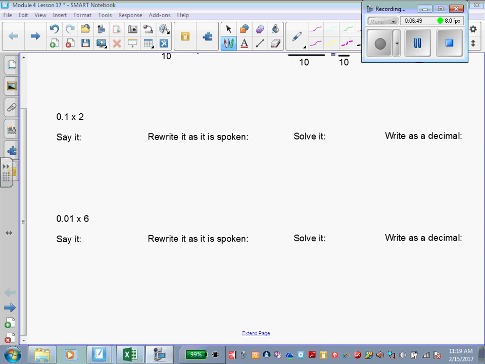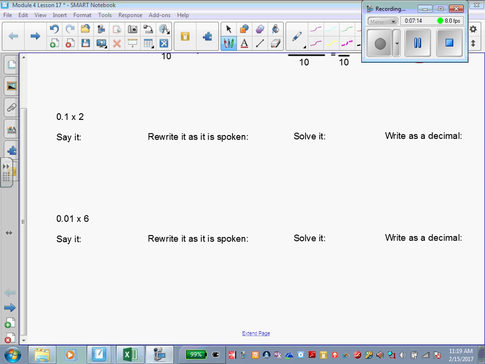Alright, the next problem is 0.1 times 2. Now I want to say 0.1 correctly. How can I say that correctly? Haley, I want to say 0.1. "Zero point one" is not correct. That's a shortcut way. Brandy. 1/10. Good.